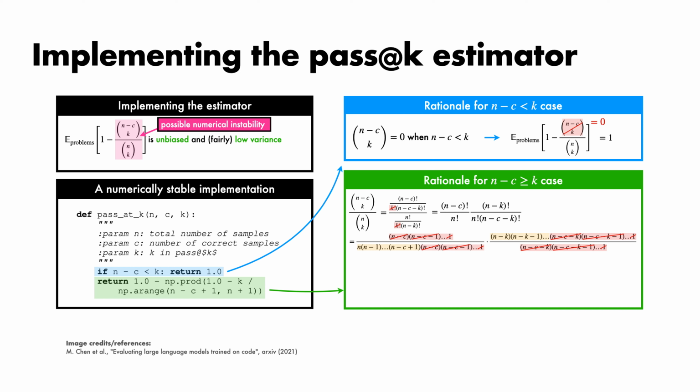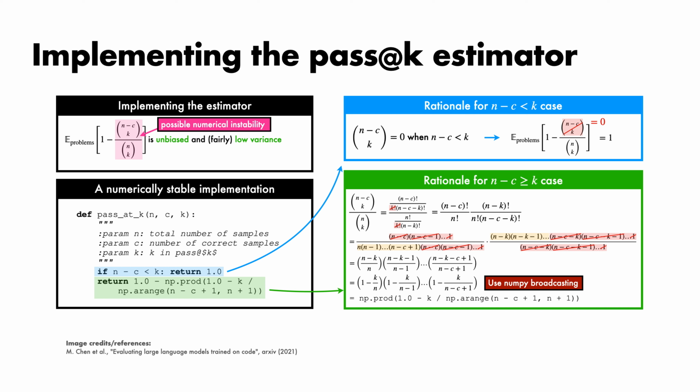We can group each of these c elements into separate fractions, like this. Finally, we can separate each fraction into the form 1 minus k over a denominator. In this form, we can see that with the help of NumPy broadcasting, this is exactly what the last term in the final line of the function computes.